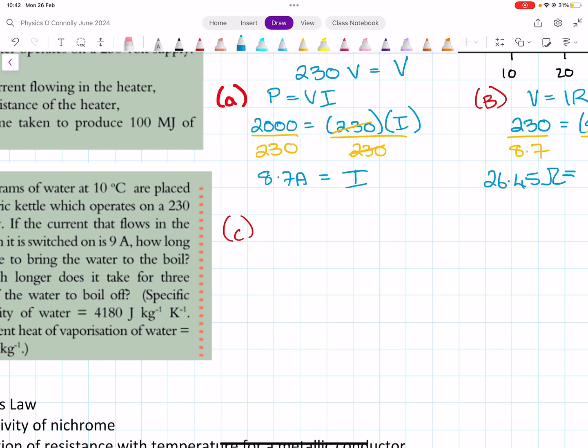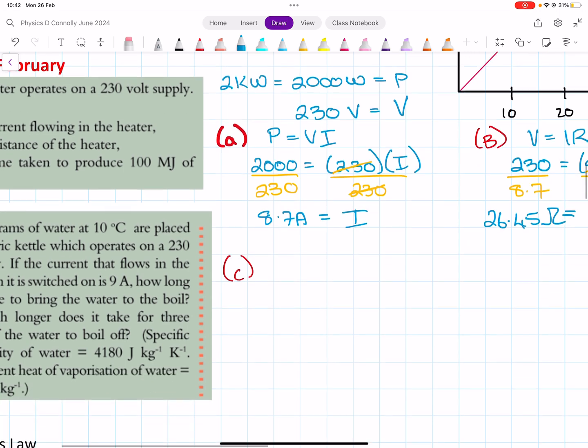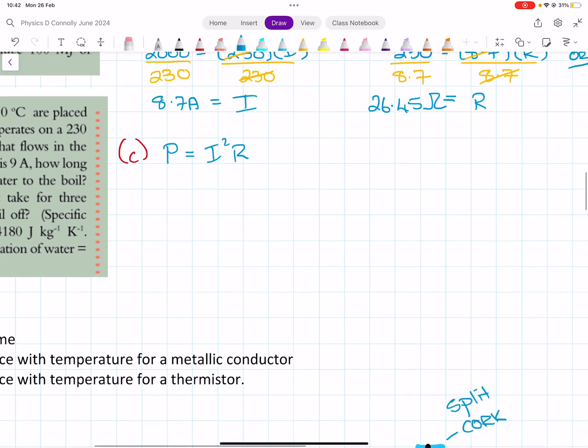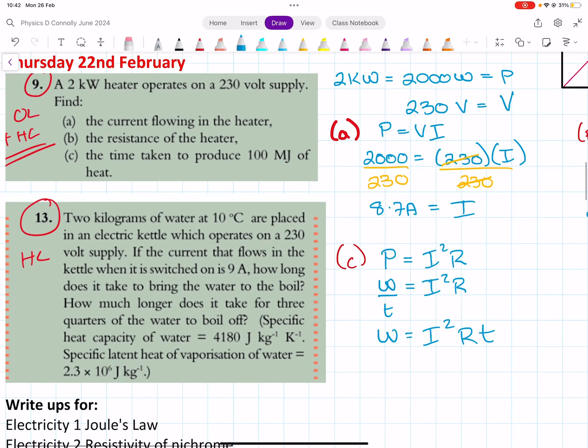Power is I squared R, and we can turn power into work over time, which is I squared R, and we can multiply across by T. 100 megajoules, so that is 100 by 10 to the 6 joules.